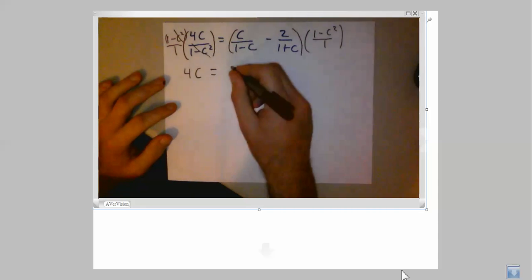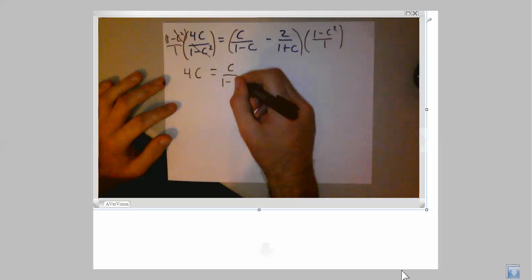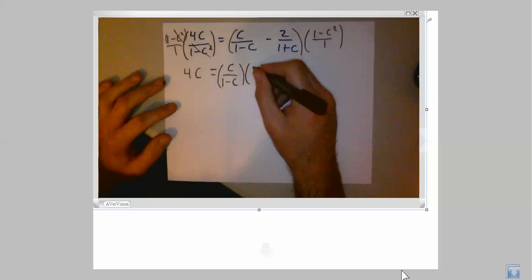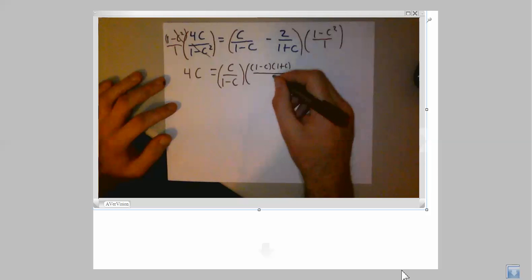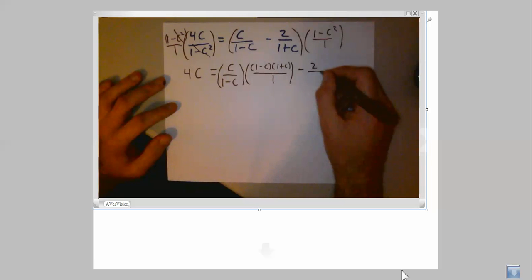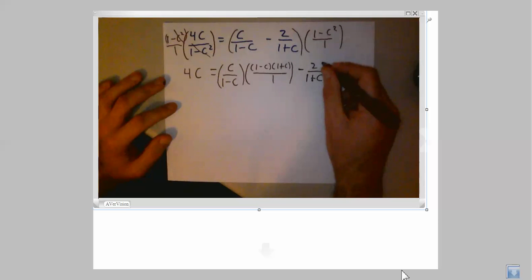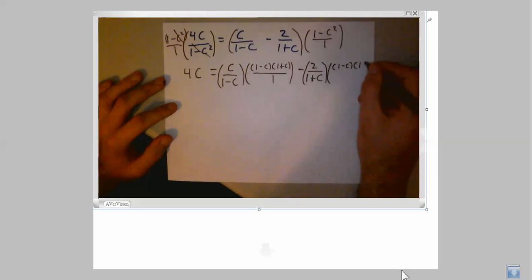So we're going to have 4c is equal to c divided by 1 minus c times, and I'm going to rewrite this in its factored form so you can see how the canceling works, times 1 minus c times 1 plus c divided by 1, minus 2 divided by 1 plus c times 1 minus c times 1 plus c divided by 1.